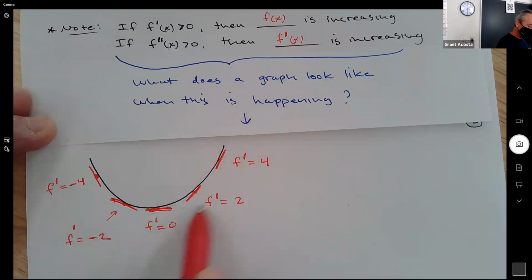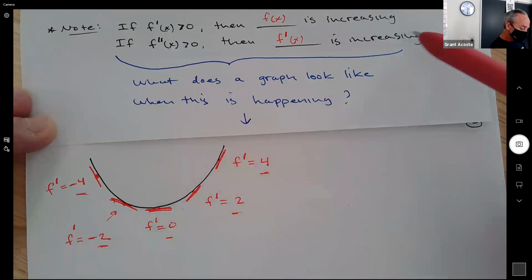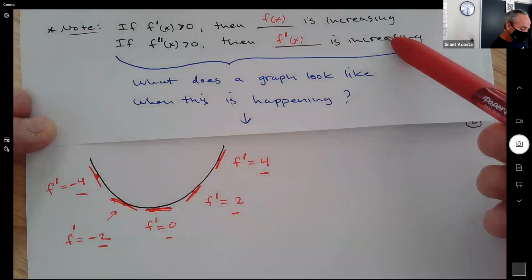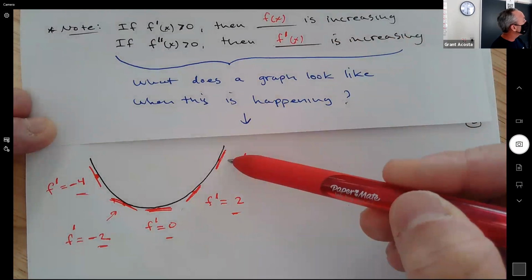From left to right, what's happening to these numbers? -4, -2, 0, 2, 4. How many people agree the derivatives are increasing? So what does it look like when the derivative is increasing? It looks like this. It's concave up.